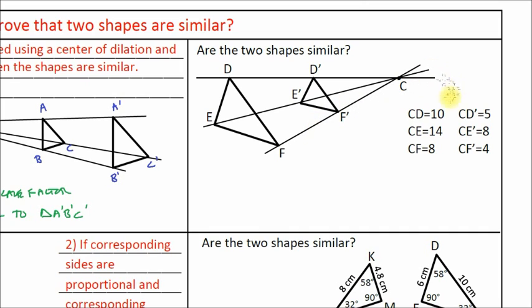And they give us some measurements. Well, the first thing we notice is there is a COD. So that means the first thing passes our test. These two shapes have a COD, so far so good. If we can prove that these vertices have the same scale factor to the COD, then we can prove they're similar. So let's take a look.